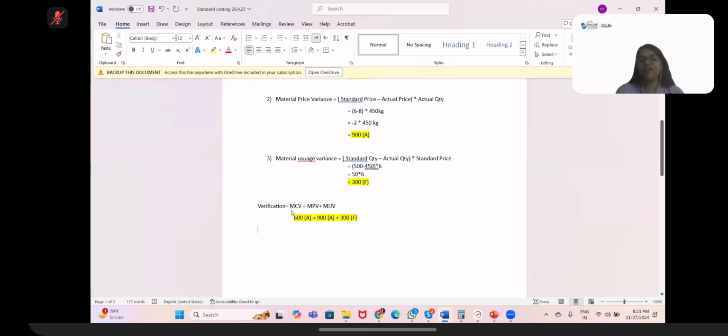So that means your left hand side and right hand side are getting tallied. Clear? Formula for verification is this only: cost is equal to price plus usage.